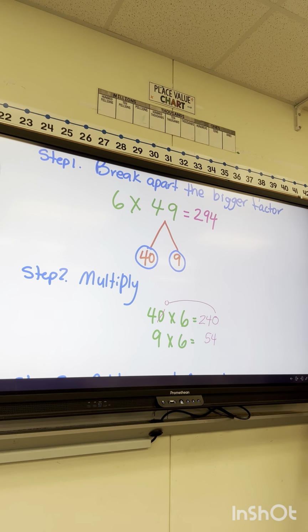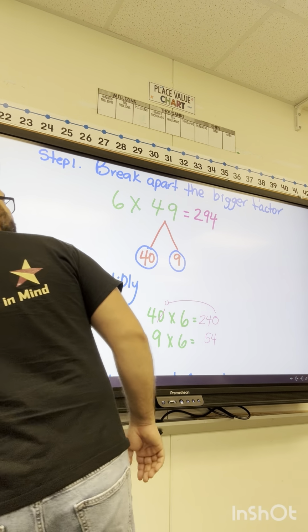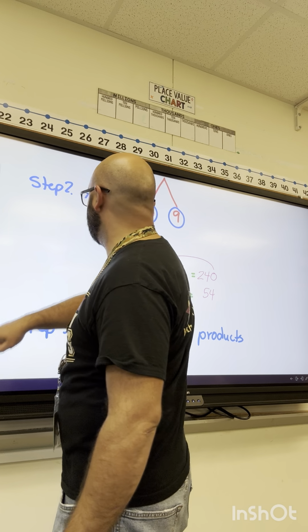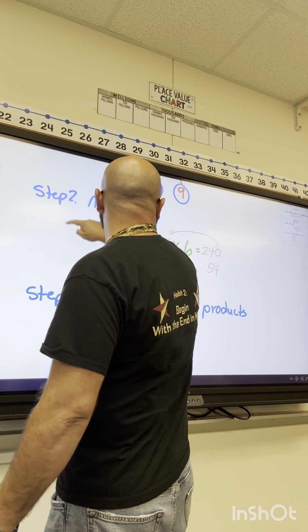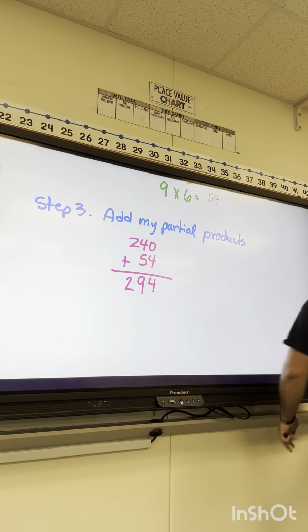Now, we're going to do it with 3 digits times 1 digit. Okay? Here we go. You still copying? Yes. Okay. All right, go ahead.